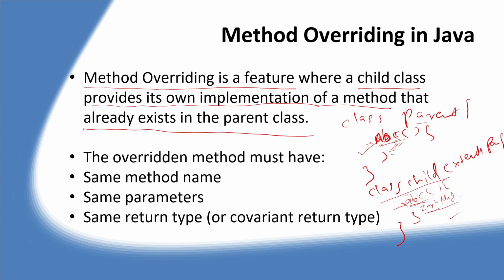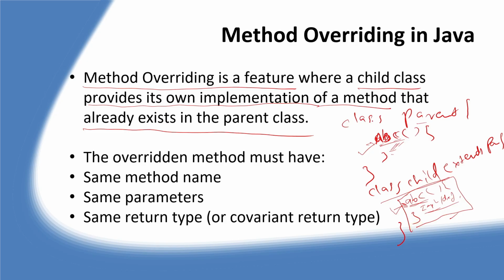ABC already exists in the parent class and the child class is providing its own implementation for the same method ABC. So this is overriding of the same method which is present in the parent class. This concept we call method overriding. So the child class is overriding the ABC method, and we call this method the overriding method.